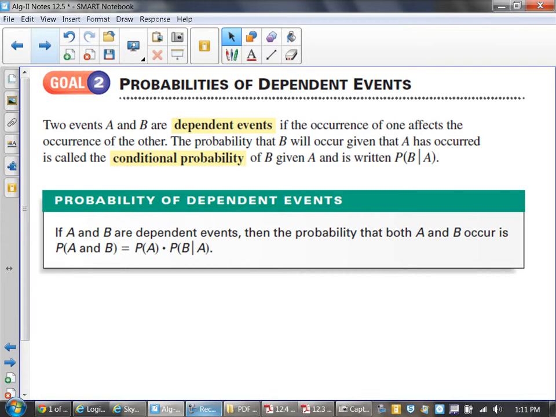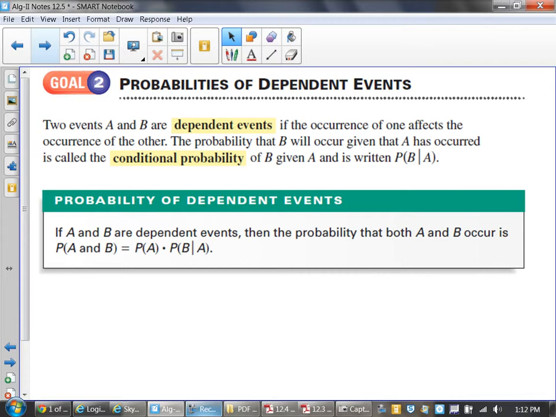So if I don't put the first card back in the deck, how many cards are left in the deck? 51. So now that new probability is dependent upon the first one because the pool has changed. Now I only have 51 cards left. The idea here is that a dependent event is when one affects another.